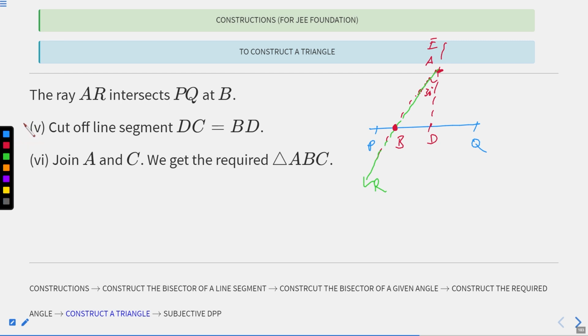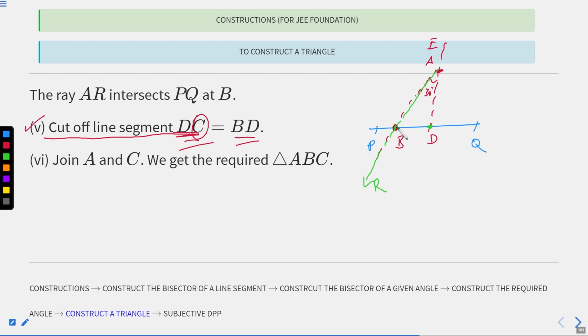And the fifth step says cut off line segment DC. So I am now going to introduce a new point C on PQ such that the length of DC is equal to BD. I can easily use the compass, making the center here and measuring the length.